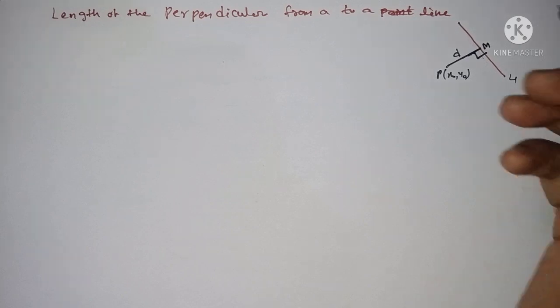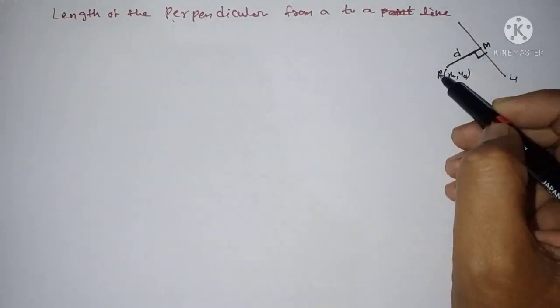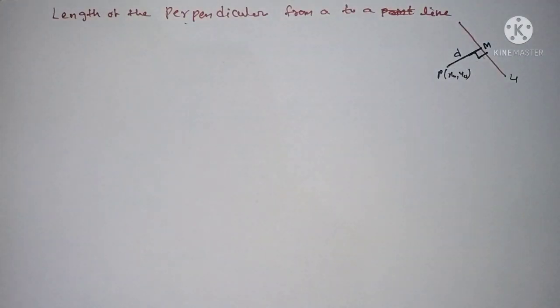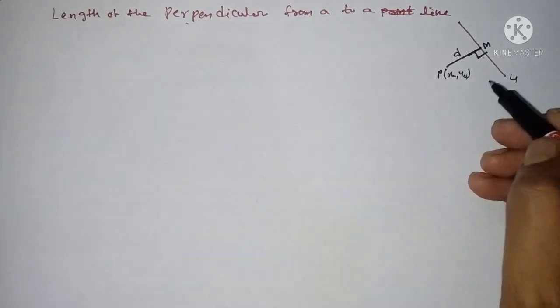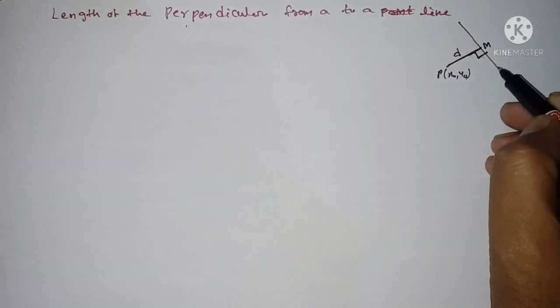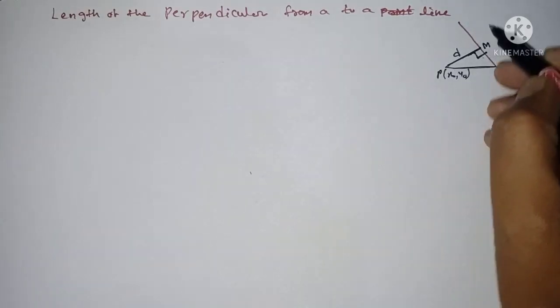Clear? If you take any point, the perpendicular must be drawn to the line only. If you don't draw it to the line, it is not a perpendicular and not the perpendicular distance.